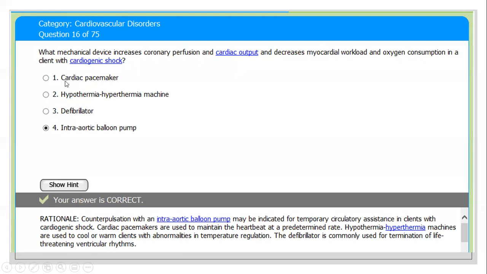There are 4 options: cardiac pacemaker, hypothermia or hyperthermia machine, defibrillator, or intra-aortic balloon pump.